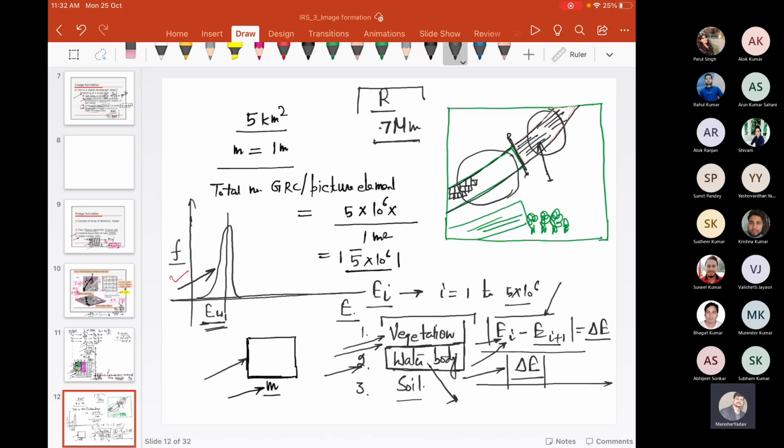So they are concentrated. Why is it so? Because water is clear, and in the red spectral band, the reflected energy from all the GRC of water is the same. It means nearly the same energy is reflected back and sensed at the sensor end. A slight difference could be there due to minor changes in the internal composition of water, and due to those minor changes, we can expect this width here.